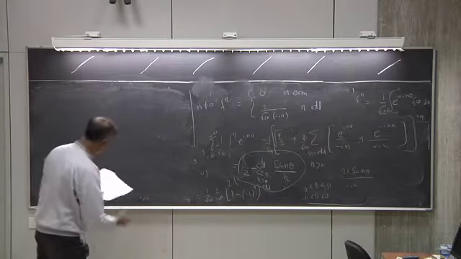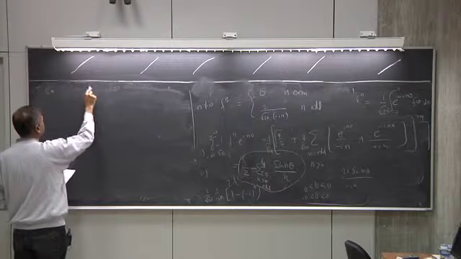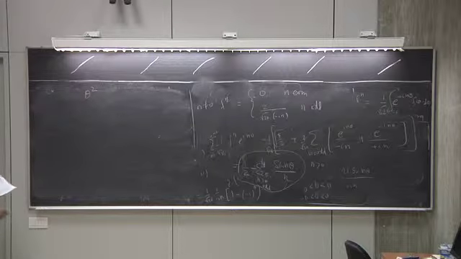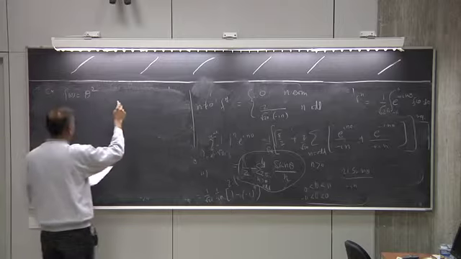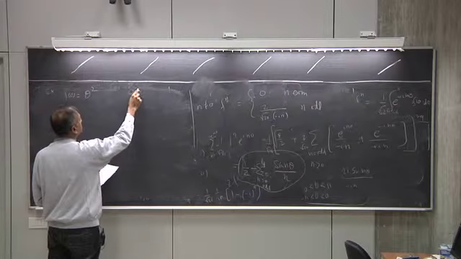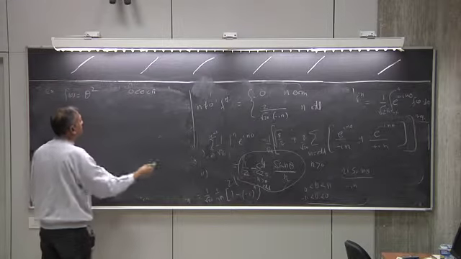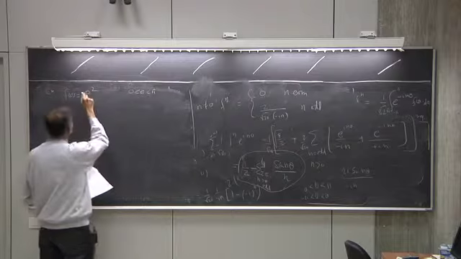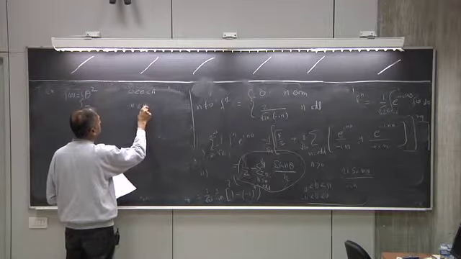Let me take another example, which is worked out here, but I will work it out in a slightly different way. f of theta is theta squared between 0 and pi, and it is equal to 0 between minus pi and 0.